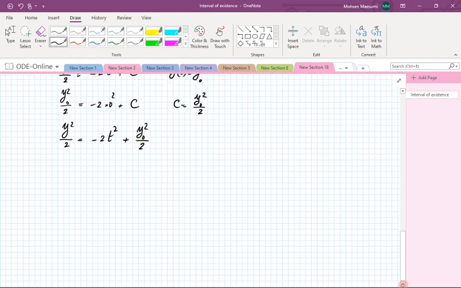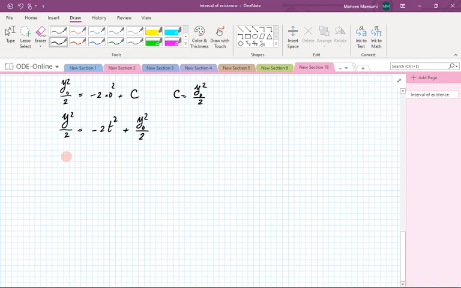Next phase is, well, what is y equal to? So I multiply by 2. And then I want to take square root. Okay, would it be correct if I just write this?